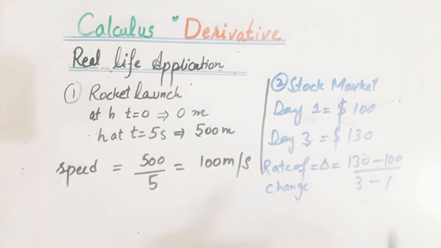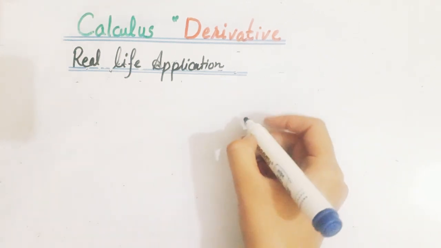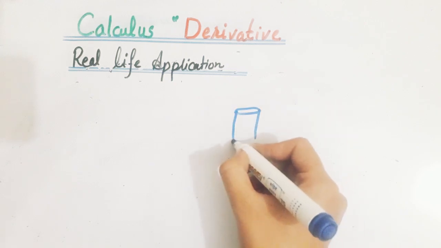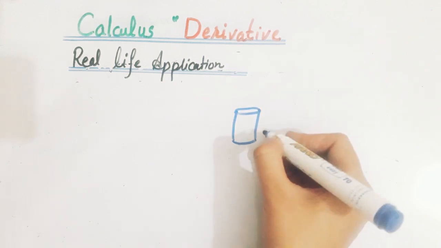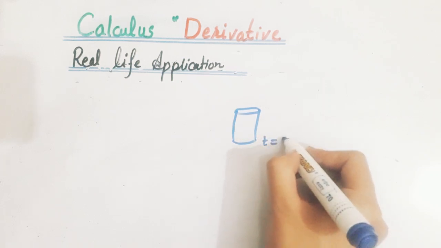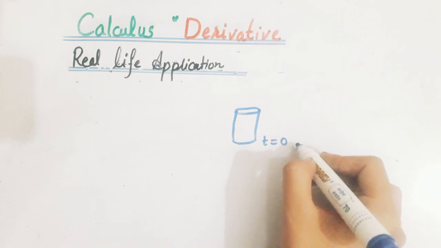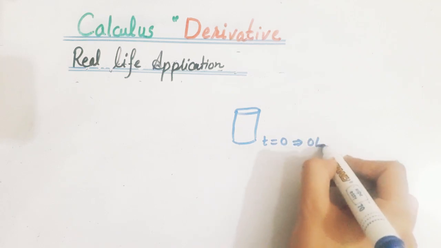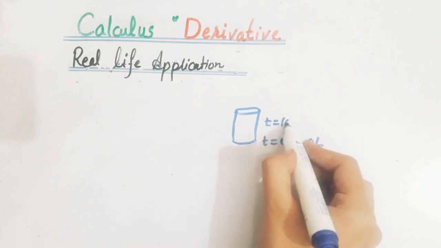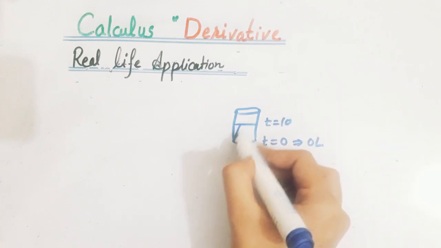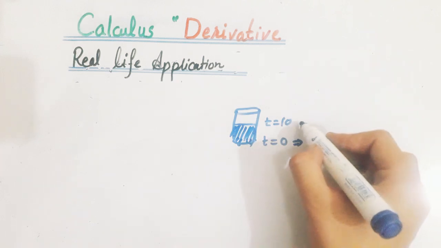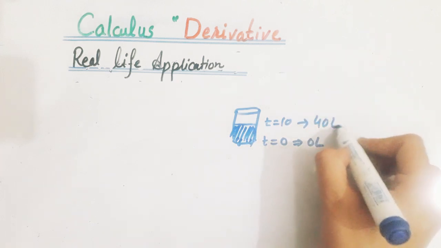Now another example. Consider this is a container and the water level at t equals 0 is 0 liter. But after time equals 10 seconds, this container is filled and the water level is 40 liter.